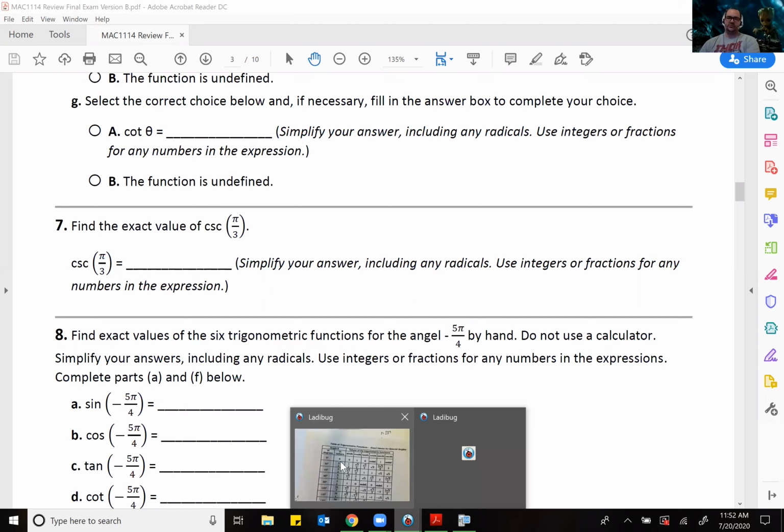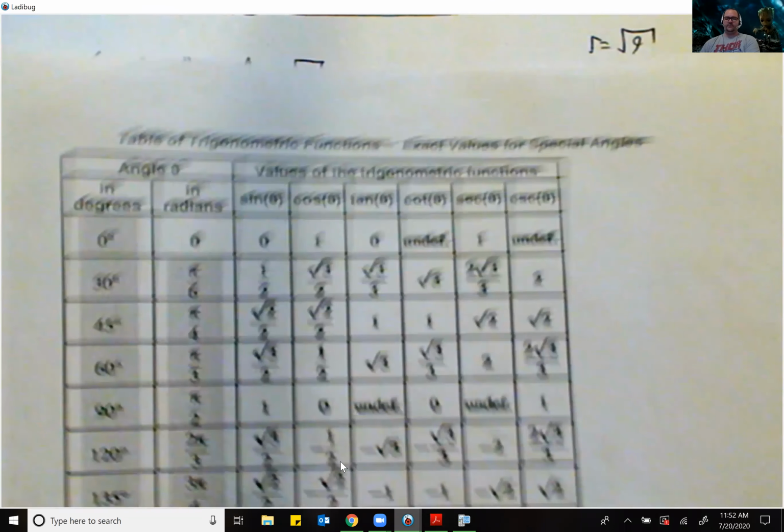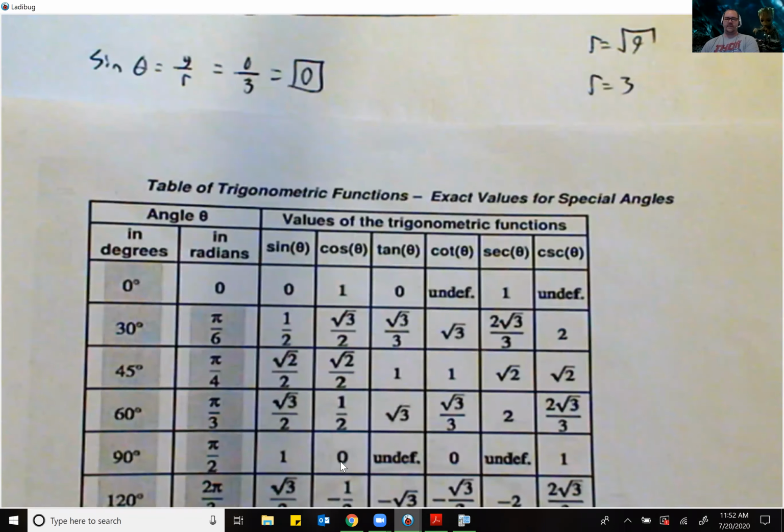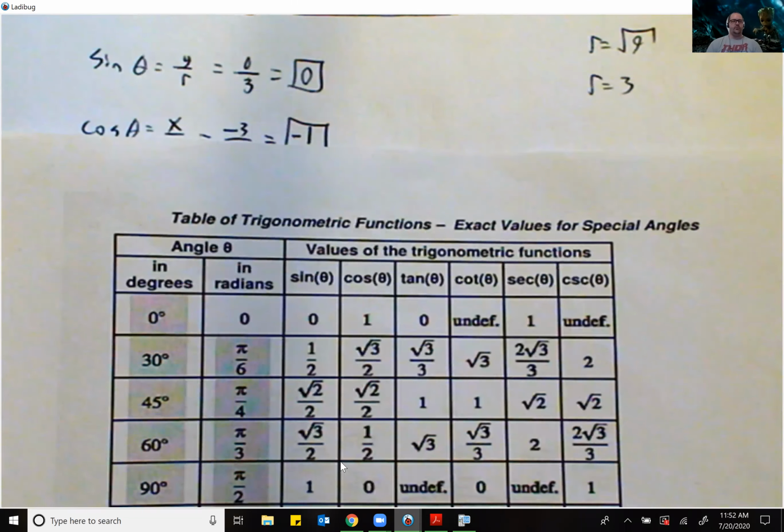This is just my trig sheet. But you should have all that information that I'm showing you memorized. Because if you know quadrant 1, you know everybody else's information. Okay, the whole unit circle.